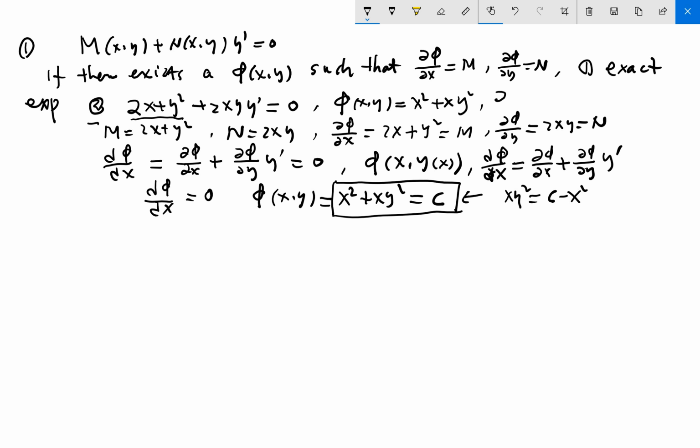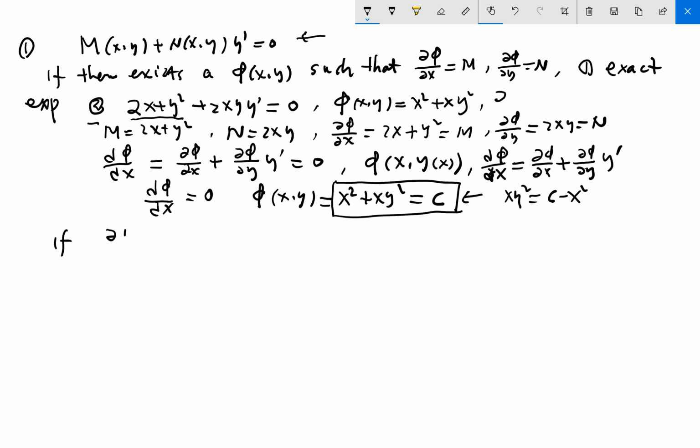Okay. So now let's answer our second question. If I give you an equation, how do you know this given equation is exact? Okay. In fact, we have a very simple way to check that. So if I give you equation 1 here, how do you know this one is exact? What do you need to do?